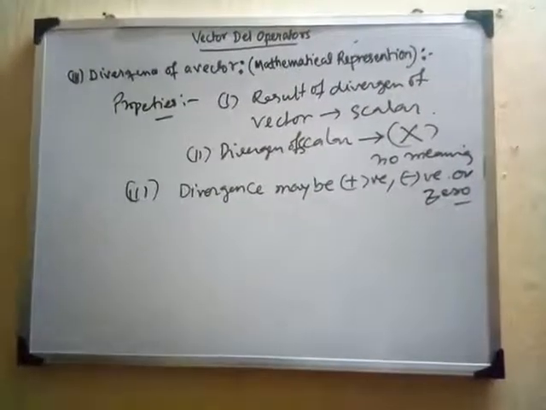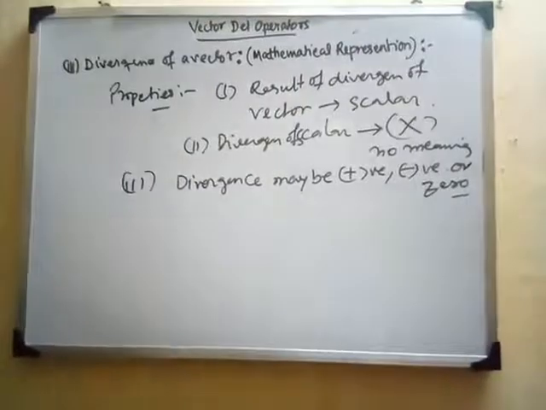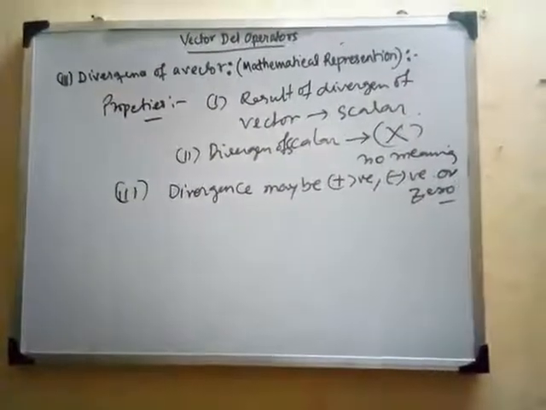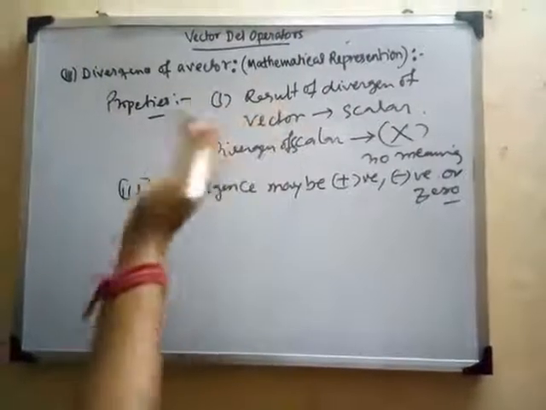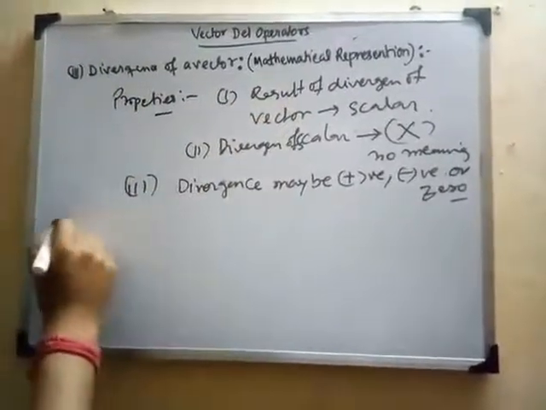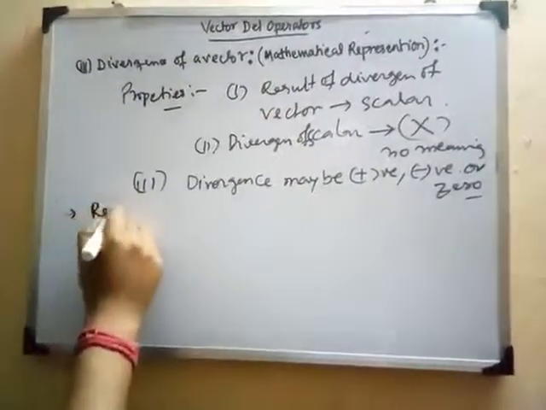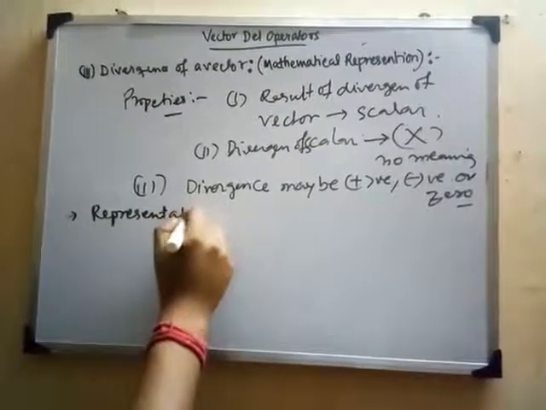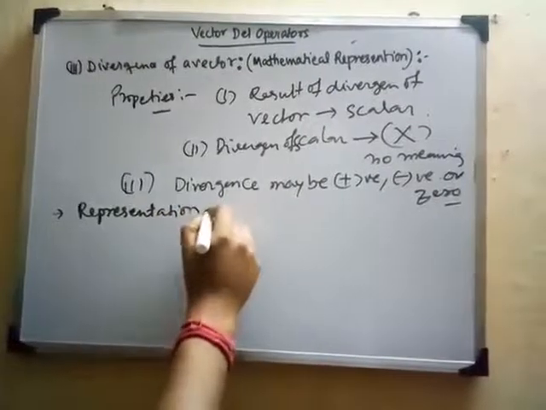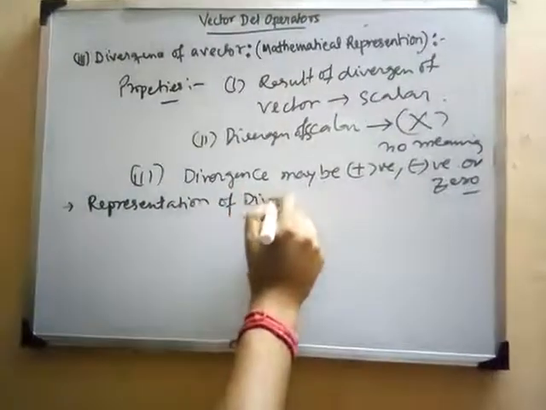Now let us also look at the representation of divergence in different coordinate systems. You may find it in books also, but let me tell you.